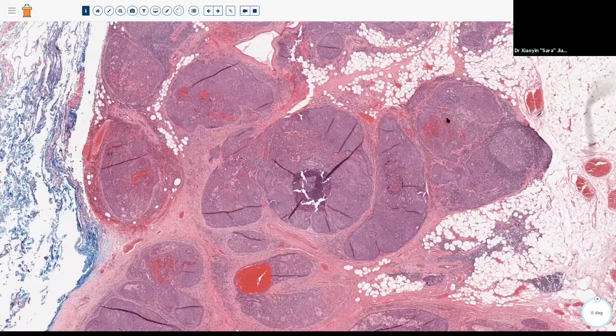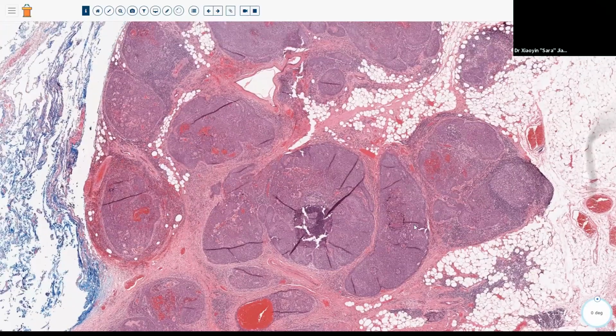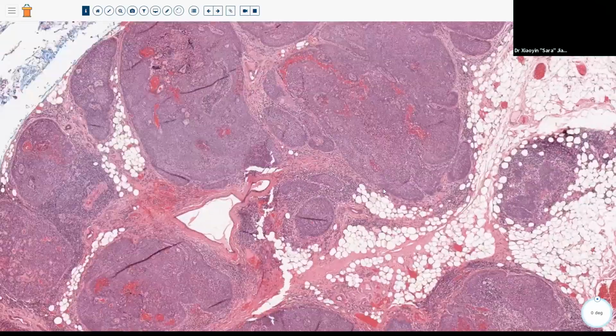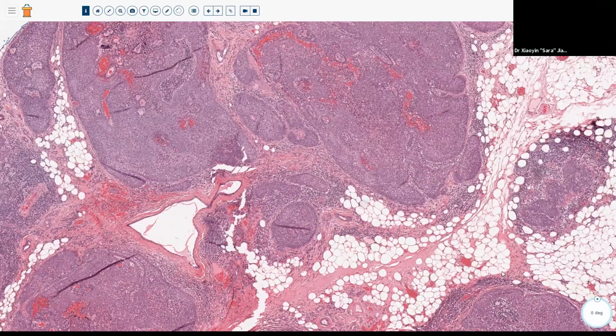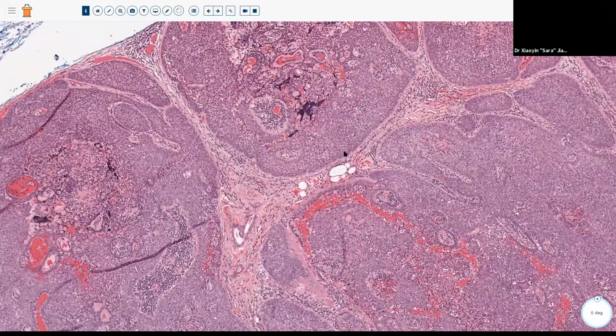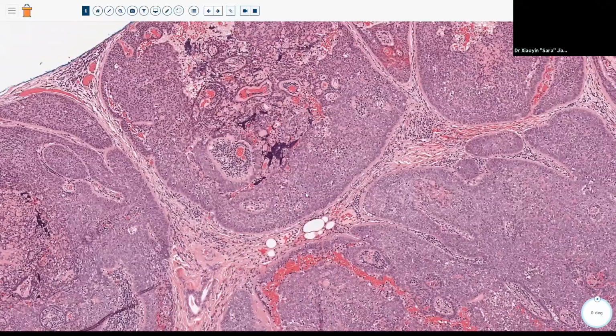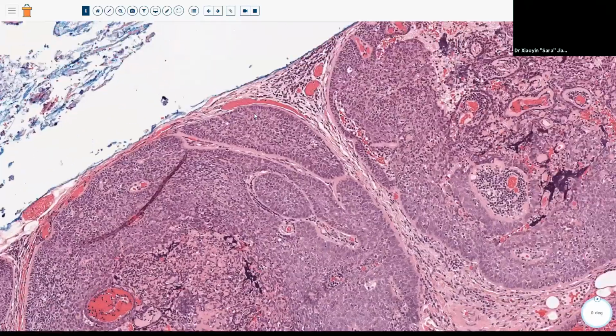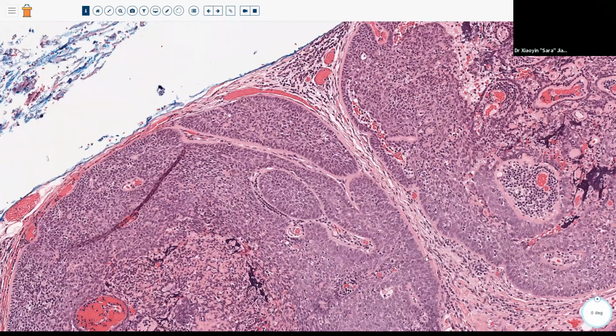So pretty infiltrative. There's a little bit of lymphoid component associated with it, and there are these islands. As we look at this tumor, we're seeing a very basaloid morphology with peripheral palisading. And so this is an example of a basal cell adenocarcinoma.